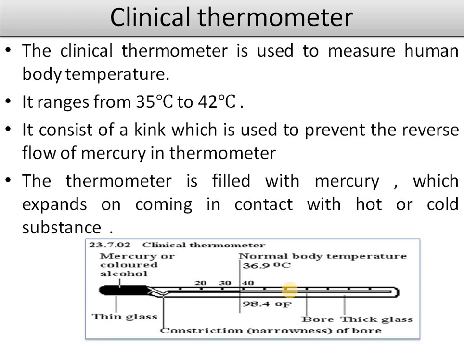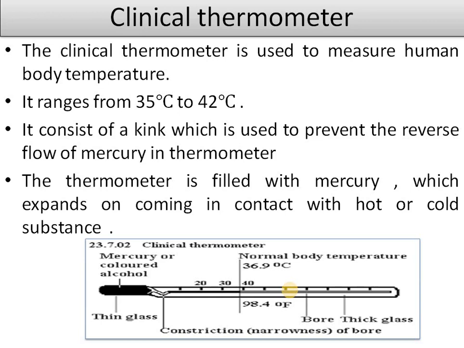Okay, I will give you a real life example by which you can understand why we are using kink. For example, if you are measuring the body temperature of some person, and as soon as you remove it from his armpit, the mercury level will start to fall down because it will fall according to the room's temperature.